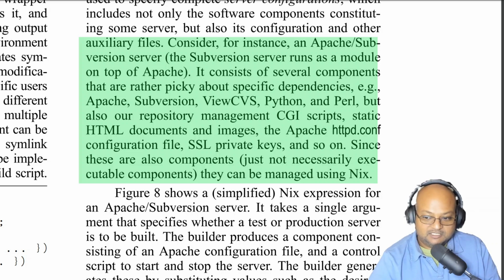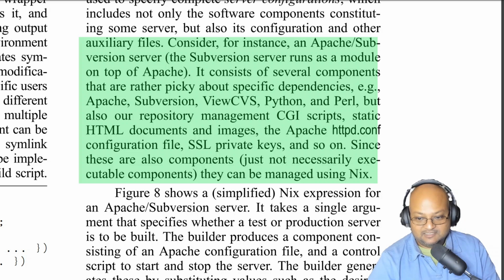But in addition to that, you can even view your Apache configuration file as a component that needs to be installed. So you could in fact go ahead and define the entire configuration of that machine in a reproducible manner as a Nix expression, and then use that to stand up web servers automatically and reproducibly.